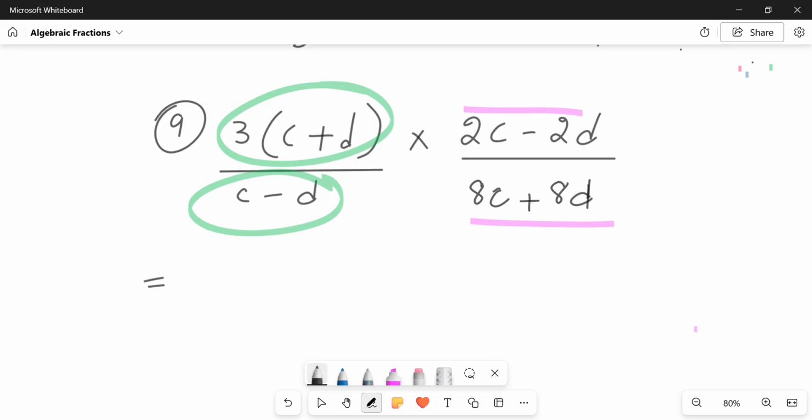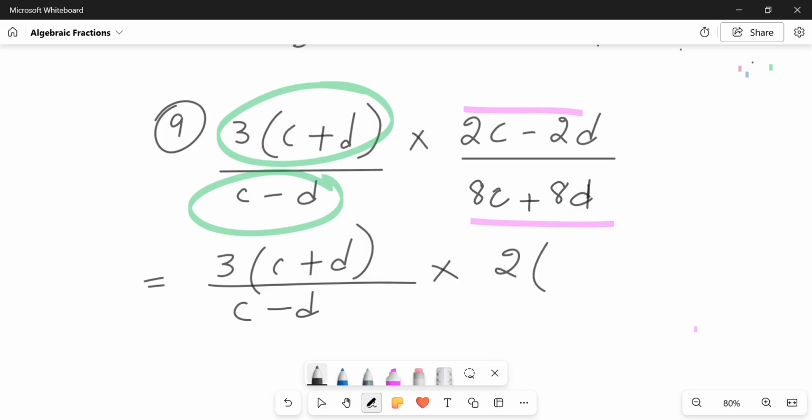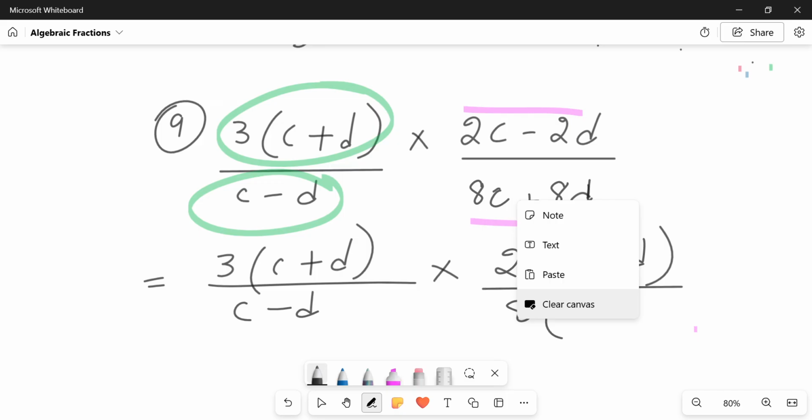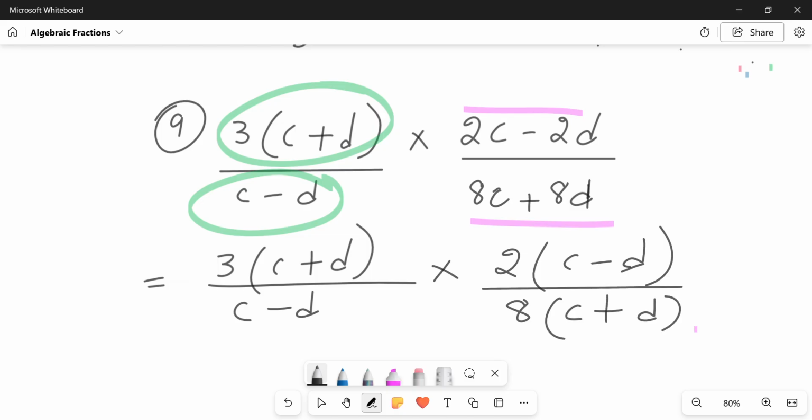Okay, so this 3, c plus d remain as it is. C minus d also remain as it is. Times 2 common c minus d and 8 common c plus d. Now students, all the terms are in a simplified form.